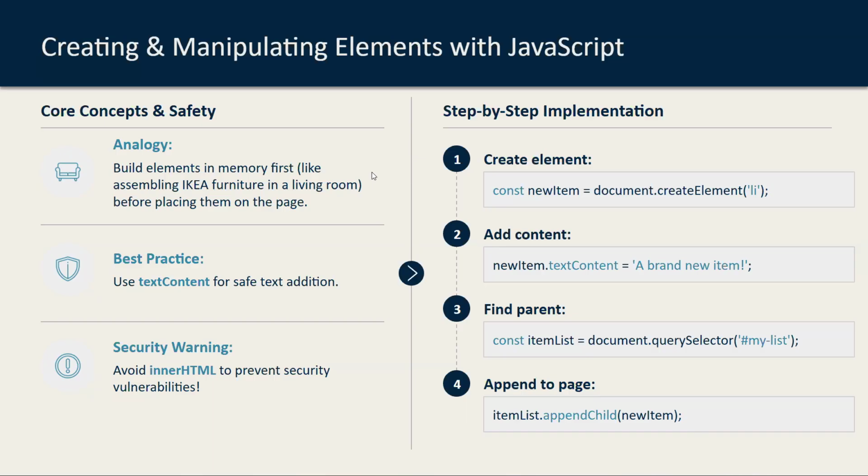So in a nutshell, createElement makes the element, textContent gives it content, querySelector helps us find where it should go, and appendChild is what finally puts it on the page. One thing you should always remember is that createElement by itself never puts anything on the page. You always have to explicitly append it somewhere.